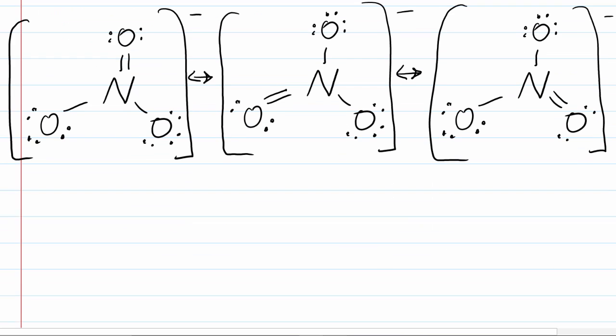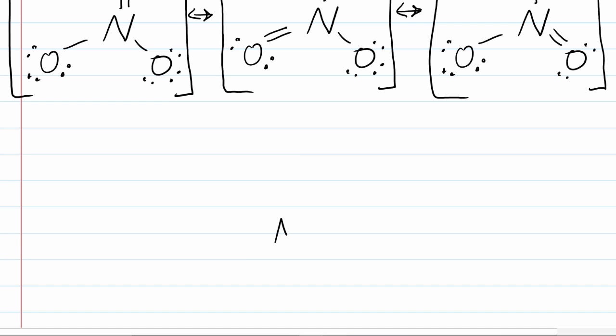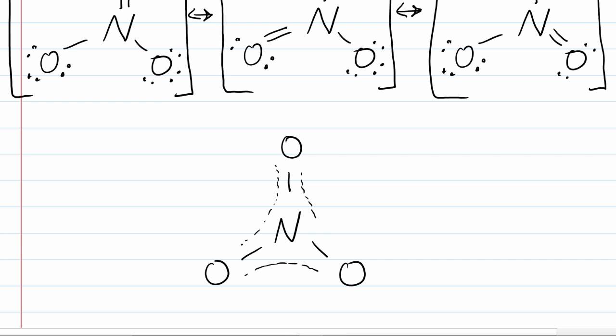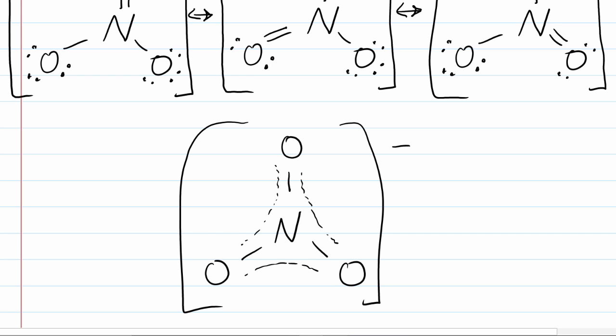Now, sometimes the way we represent it is like this. We might draw it, I guess, starting something like this, with the nitrogen in the center, surrounded by the oxygens, and we don't really worry about showing all of the valence electrons in here, but rather we show the delocalized electrons looking something like this. And then we would show the charge on that polyatomic ion.